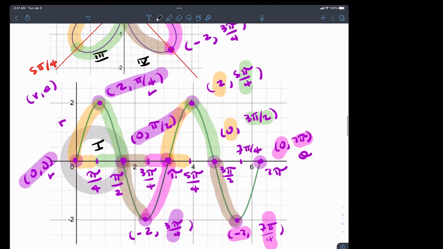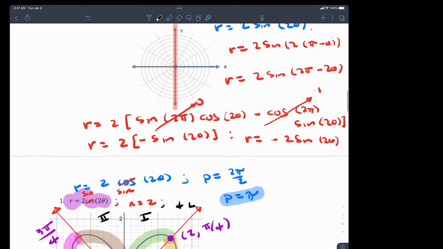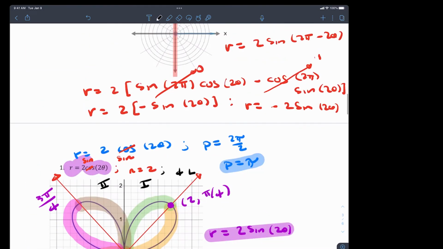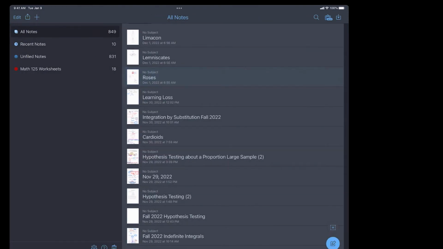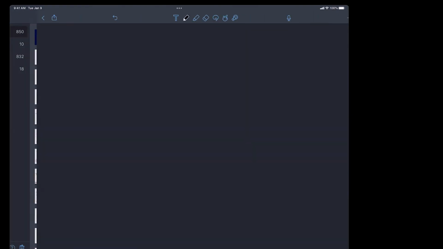All right, now, there's something I do want to say about this. I need some scratch paper, though. Okay, R is 2 sine 2 theta. Let's go back. Let's get some scratch.